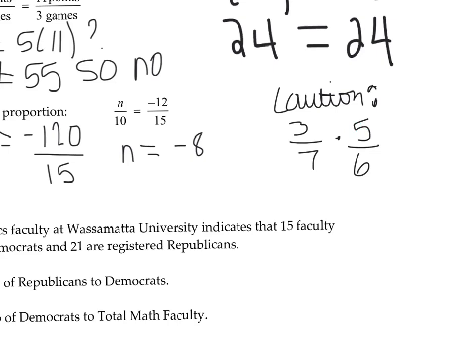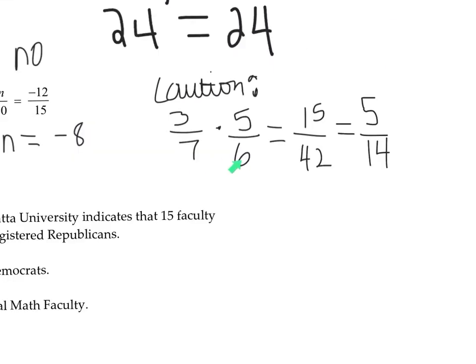If anything, we could reduce the 3 with the 6 first and then multiply straight across. The only time you can multiply diagonally is if we have an equal sign. Just finishing this out, we go straight across: 15 over 42, and both of these divide by 3. So 15 divided by 3 is 5, and 42 divided by 3 is 14.